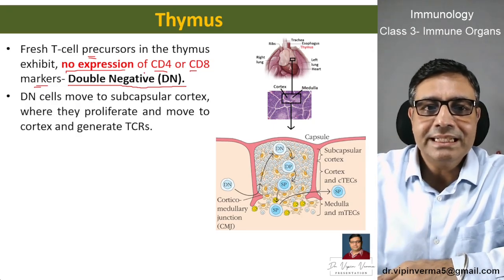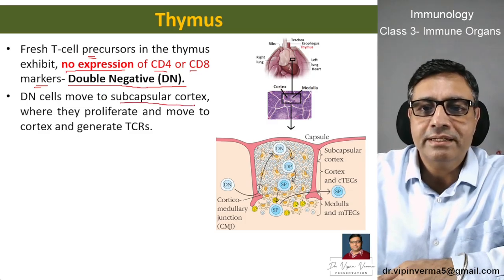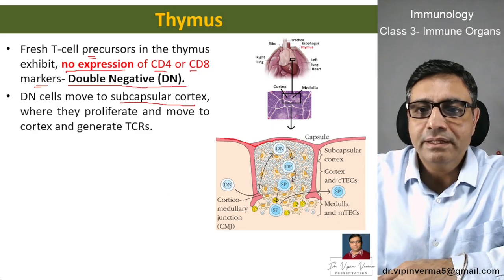Now the DN cells move to the subcapsular cortex. If you see here, this is the capsule, and this part is the subcapsular cortex.